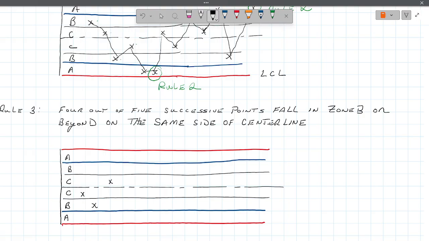We're going to be here, there, up here, back here, down here, one on the lower side of the center line, one back up on the center line, one out in zone A, back into B, then we're going all the way down to B on the lower side of the center line, then back up to B and B, okay? Like so.